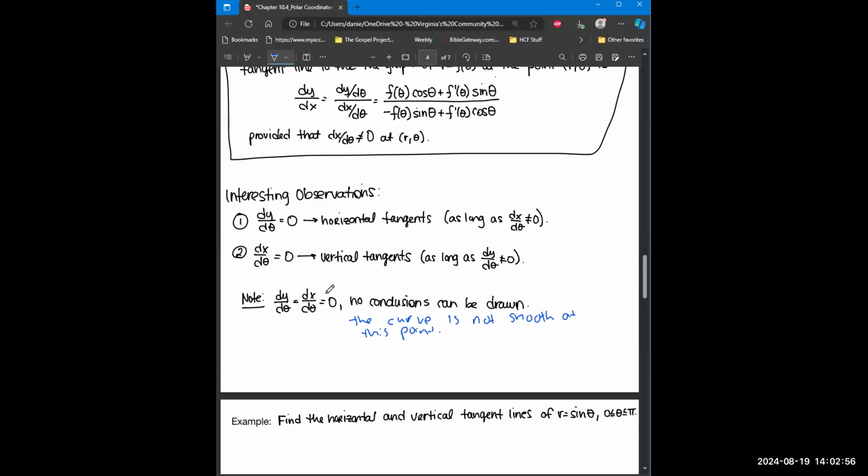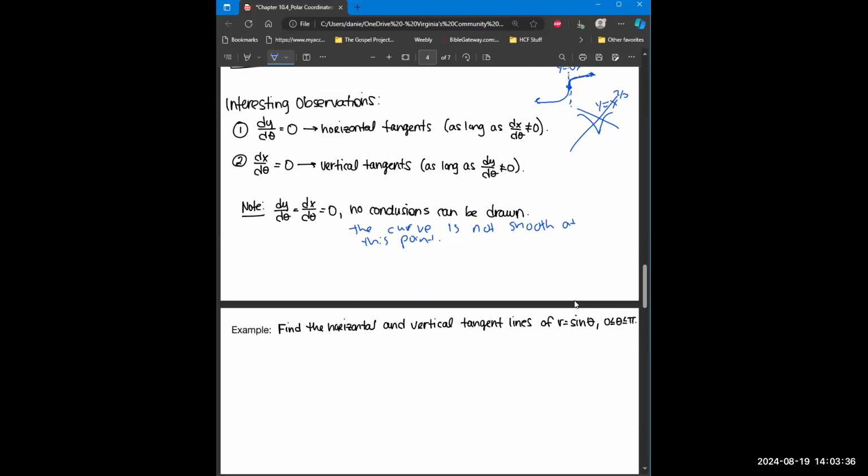Either one of them can be 0, so I can have a smooth curve like the cube root of x that has a vertical tangent, with dx dt equal to 0 but dy dt not 0, and it will still be a smooth curve. It's not coming to a cusp. But y equals the cube root of x is fine, while y equals x to the 2/3 is bad. This is not smooth because it comes to a cusp, and dx dt and dy dt would both be 0 there.